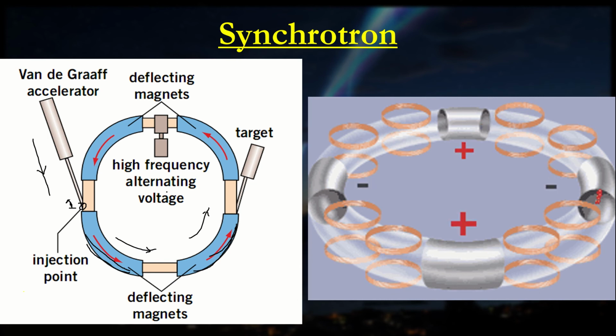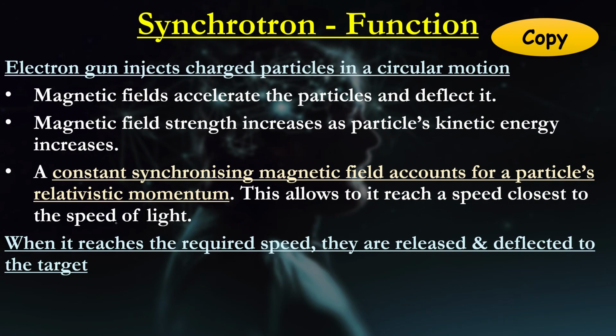And what it also does is it increases the particle's overall energy. Out of all the particle accelerators we have, this one makes it go closest to the speed of light. Once it's reached that particular point, then you can release it through the target tube there. Okay, so that's what we're talking about here.